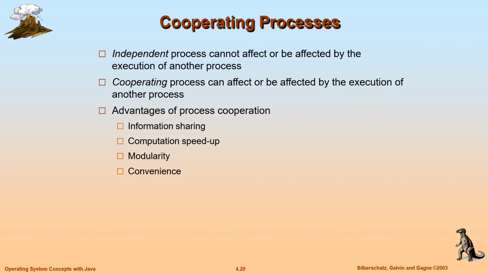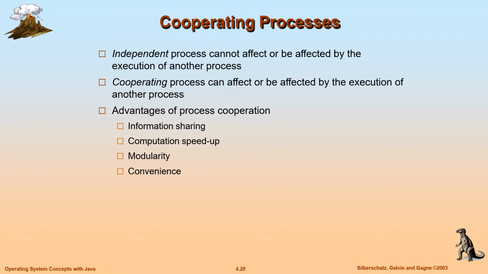The advantages of process cooperation are: number one, information sharing; number two, computation speedup; number three, modularity; and number four, convenience. We'll discuss each one now. First, information sharing.